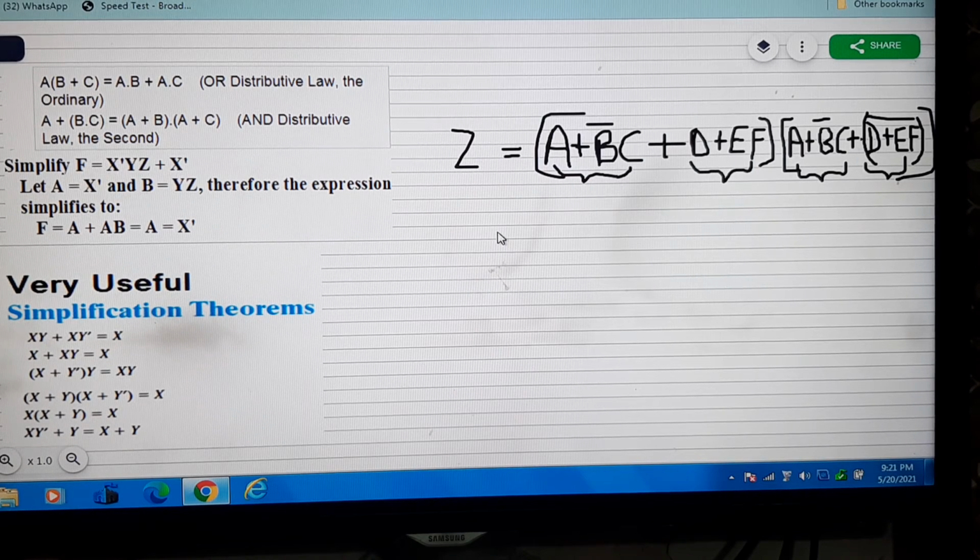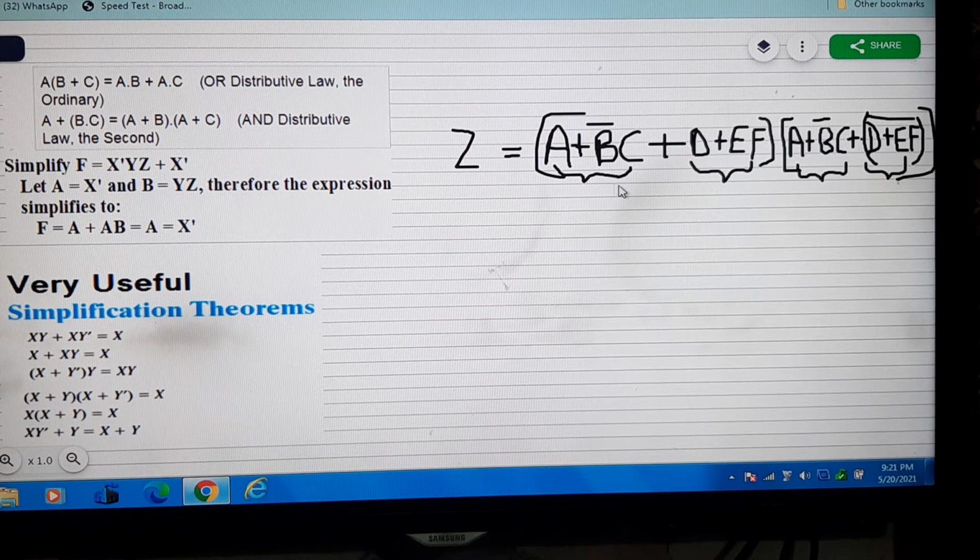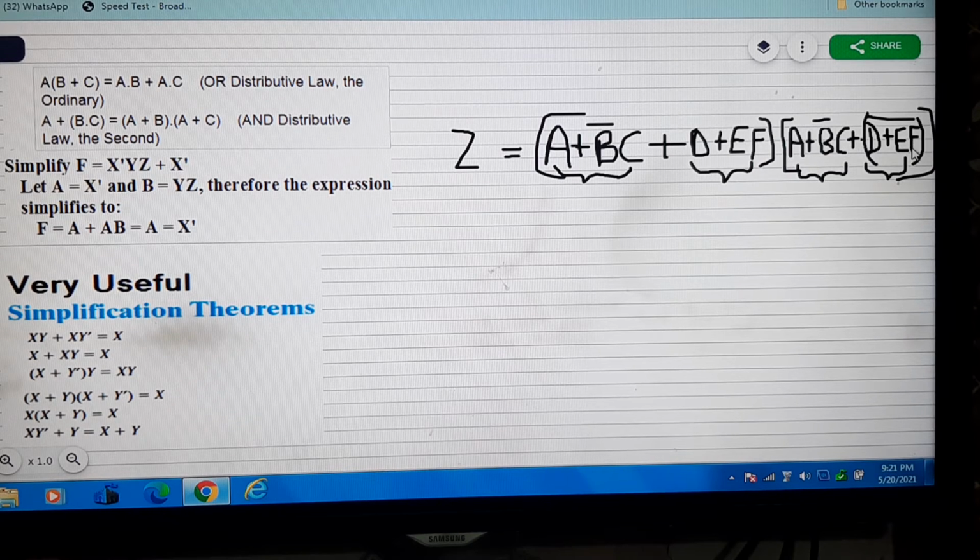Now we take another example to simplify z is equal to [a plus b bar c plus d plus ef] times [a plus b bar c plus d plus ef whole bar]. This is the expression which we want to simplify.